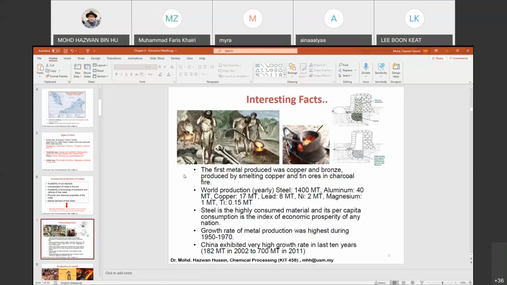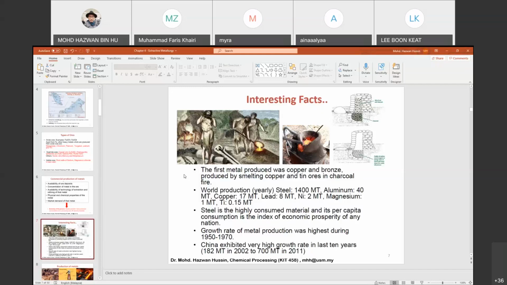The growth rate of metal production was highest during the 1950s and 1970s. This is actually the industrial era. Countries or people start to look for advancement in technology. They produce cars, they produce machines, then the use of metals keeps increasing.